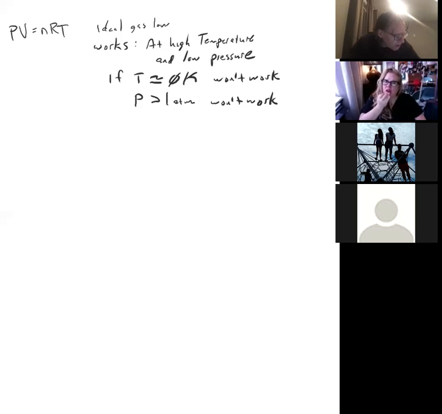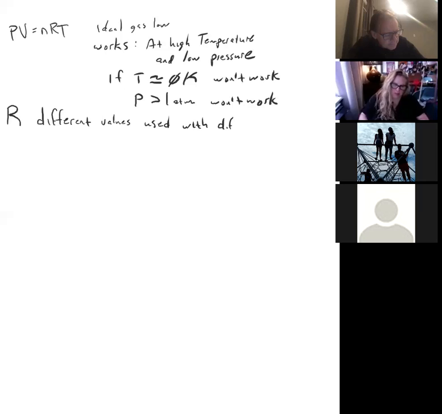The value of R you can get confused by it. There are different values for R with different units. Most typically, the value you're going to use for R, by the way, again, I'll remind you on this, is called the universal gas constant. Universal meaning that you can use it no matter what the gas is.